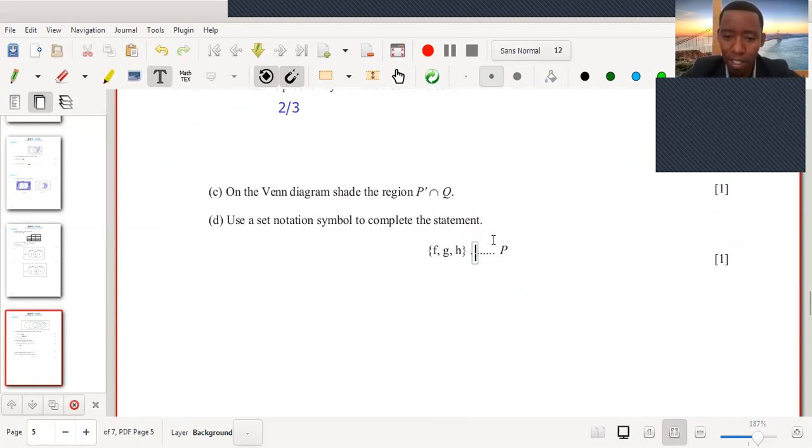It's a subset of P. It's a set which is in P.